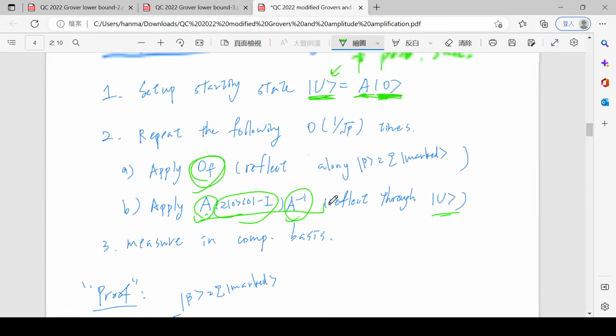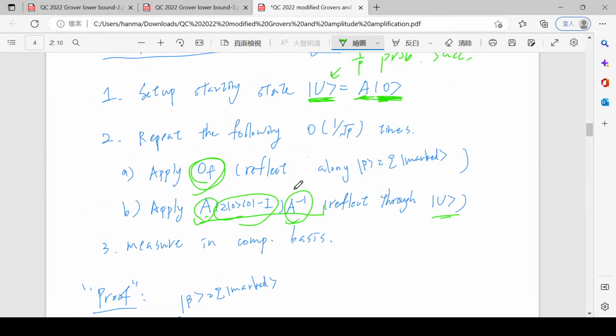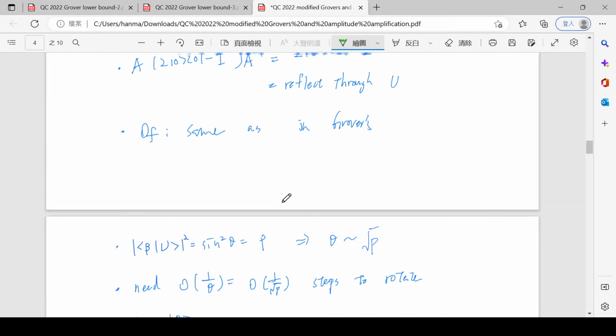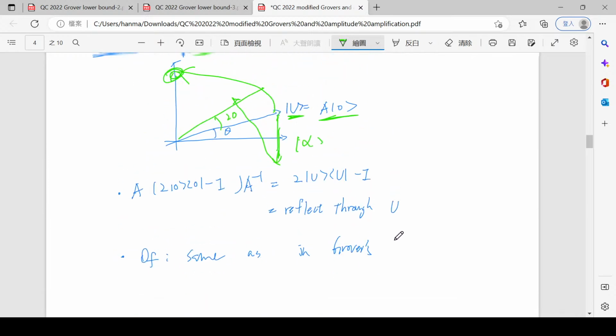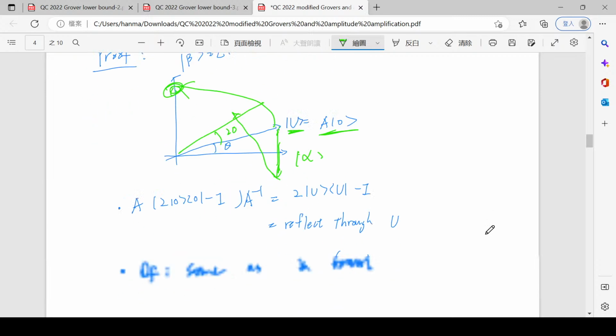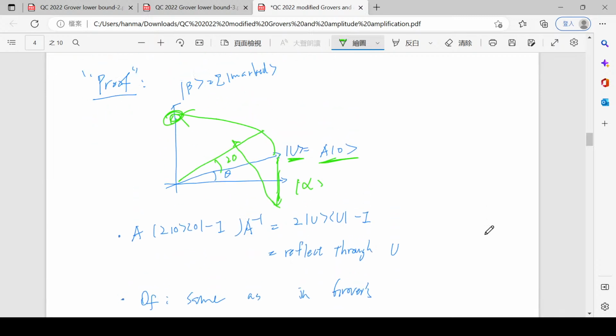So first reflection we already saw in Grover's algorithm, so let's skip that. The only thing we need to prove is that this weird gate, A times the reflection on 0 times A minus 1, is also a reflection on U, and we can just do the calculation here. If you multiply everything, A0 is U, and remember A is unitary, so A minus 1 is A dagger.